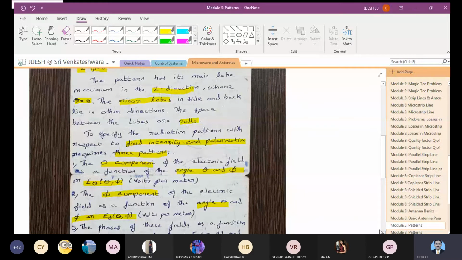Phi component of the electric field as a function of theta and phi, which is called as E phi (theta, phi), and phase is denoted as delta theta (theta, phi) and delta phi (theta, phi). So note down these things.